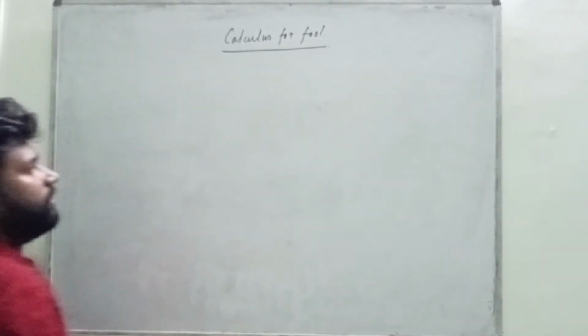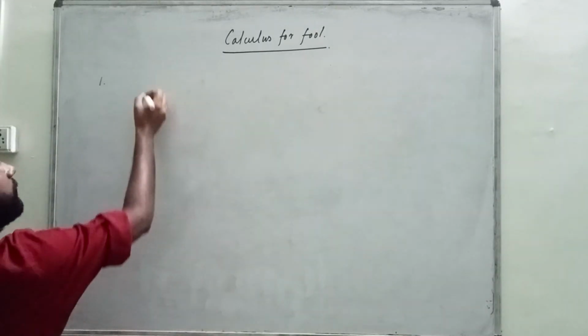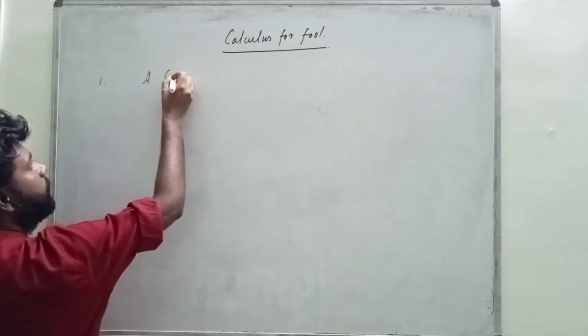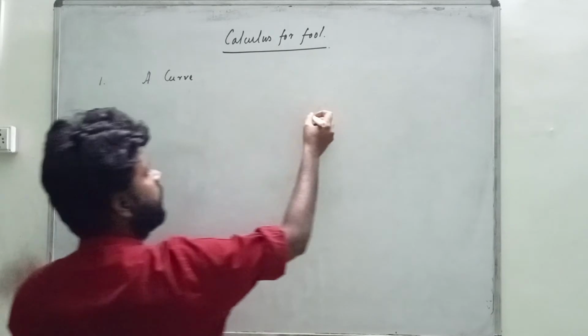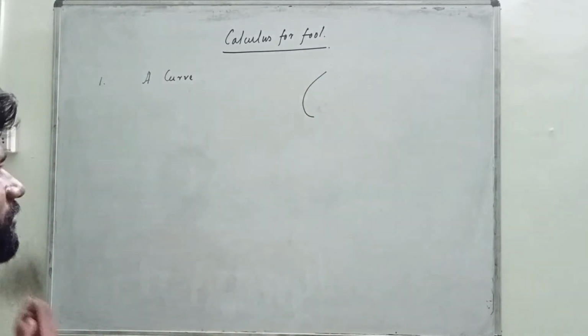One of these is a curve, because it is actually a curve, right? It is not a straight line, it's a curve.